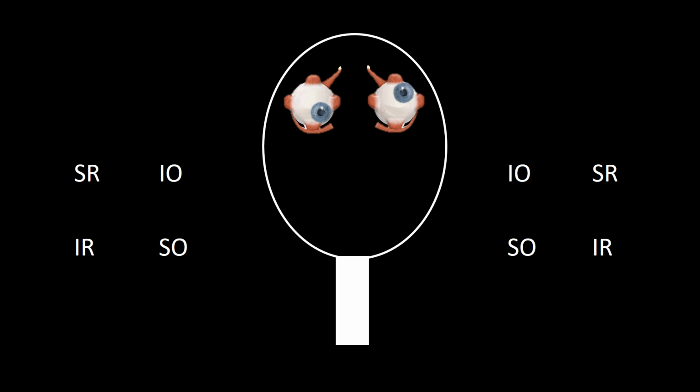During left gaze, the vertical position of the right eye is maintained by the interaction of the opposing forces generated by the contraction of the right inferior oblique and the right superior oblique, whereas the vertical position of the left eye is maintained by the interaction of the opposing forces generated by the contraction of the left superior rectus and inferior rectus.